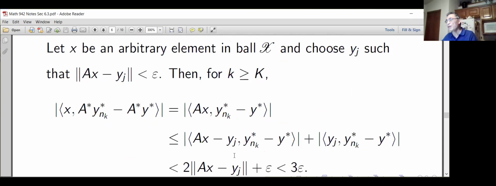But this is also less than epsilon. So the whole thing is less than 3 epsilon.